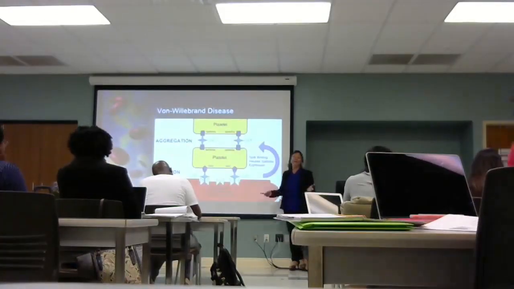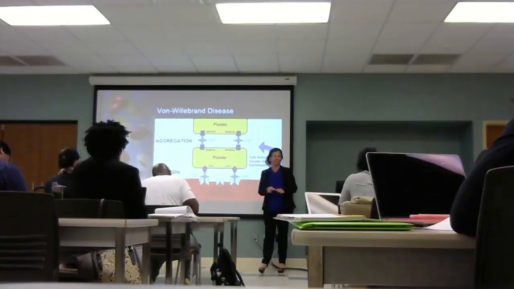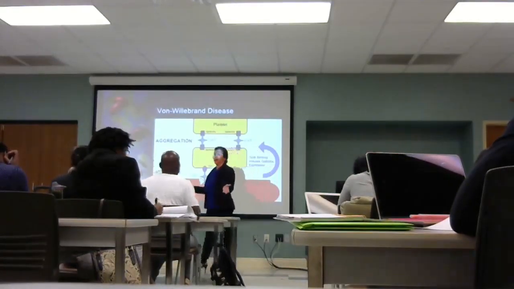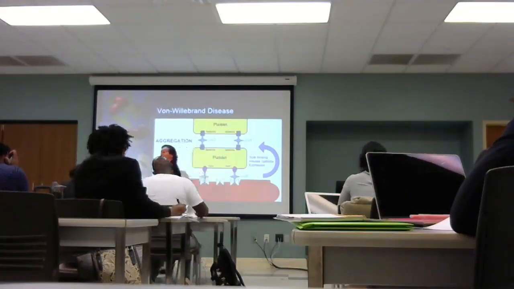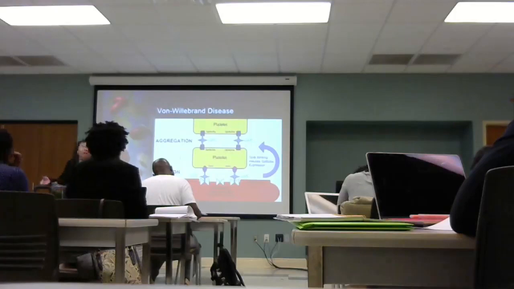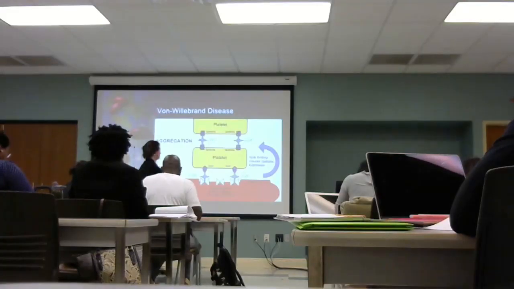So, what do you think is von Willebrand disease? Well, von Willebrand disease is no more than an autoimmune condition that attacks the von Willebrand factor necessary for platelet aggregation.